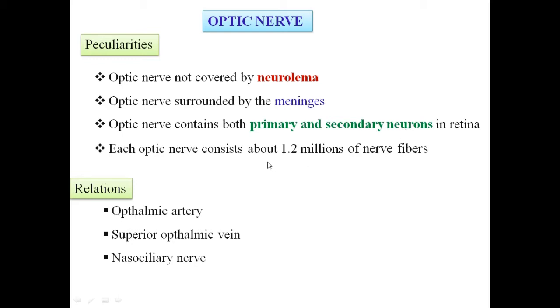Each optic nerve consists of 1.2 million myelinated nerve fibers. After exiting the optic canal it enters the middle cranial fossa, and is related to the ophthalmic artery, superior ophthalmic vein and nasociliary nerve.